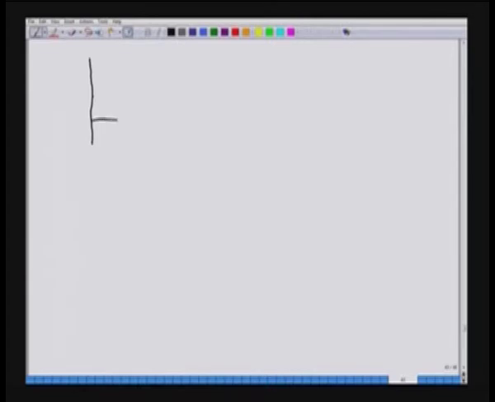This is the reference current, we can say it is ID star, and the actual current will be controlled within two bands here. Actual current will vary like this, going up and going down.